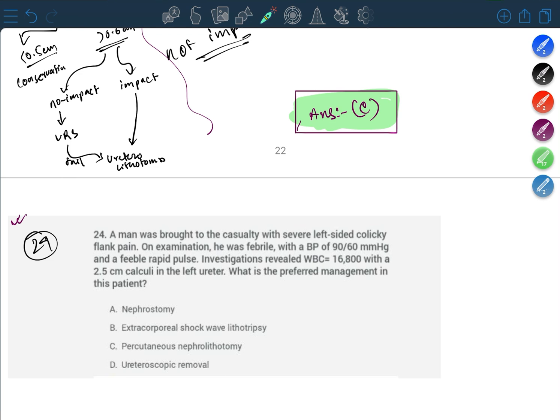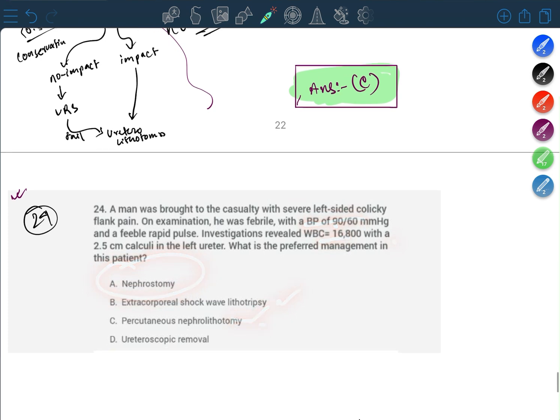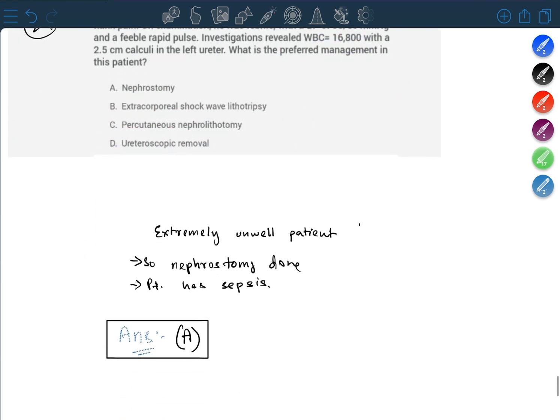ESWL is done only up to 1.5 centimeter. Ureteroscopic removal is done only when there is no impact, but here we can see an impact. Pressure is also low and WBC is low, which means septicemia, so we will prefer nephrostomy. ESWL, no. Answer is nephrostomy. Extremely unwell patient.